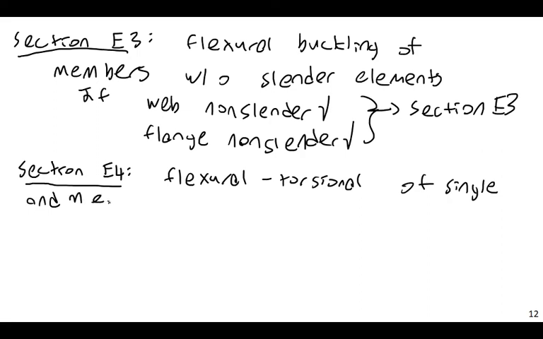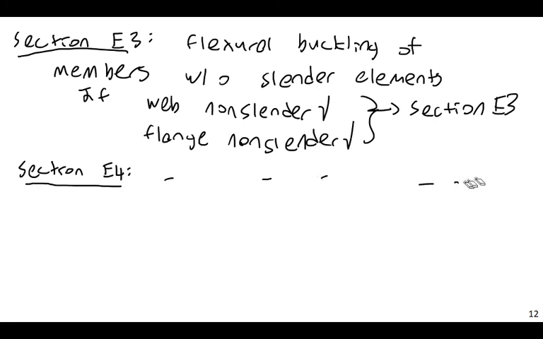The nice thing about the steel manual is if you're ever wondering what you need to apply where, it does provide abundant language about whether the section you're looking at applies to what you're considering. So, torsional and flexural torsional buckling of single angles and members without slender elements.